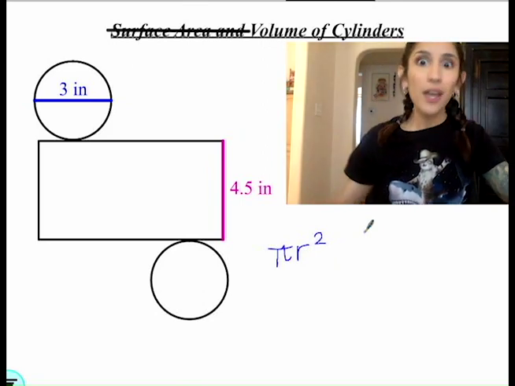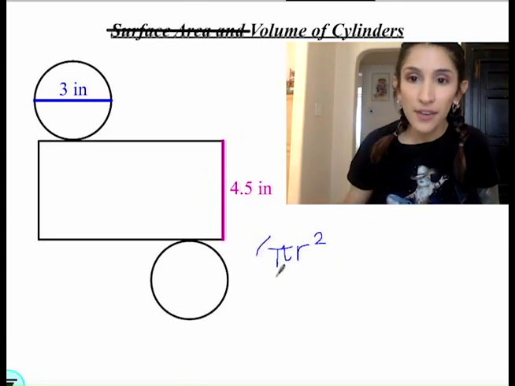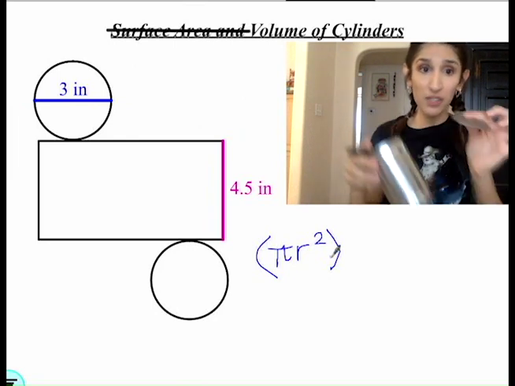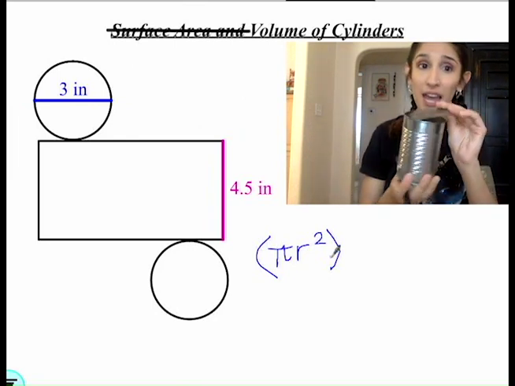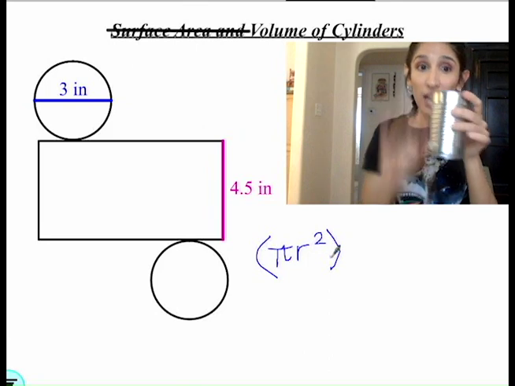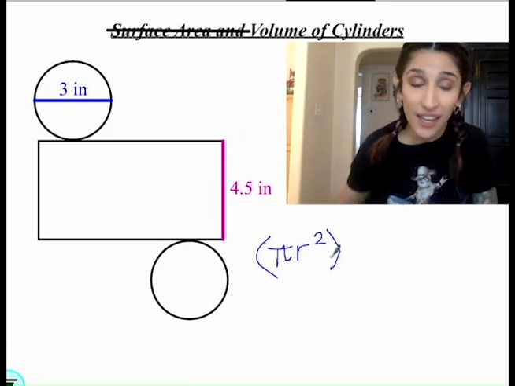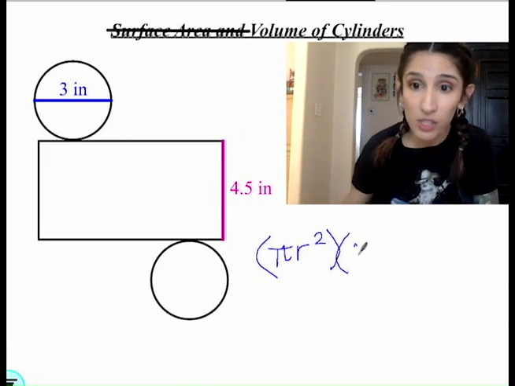So now all I have to do is take this area of the circular part, so the area of the lid, and multiply it by the entire height since it fits all the way through the can. So the height of the can here is the 4.5 inches.